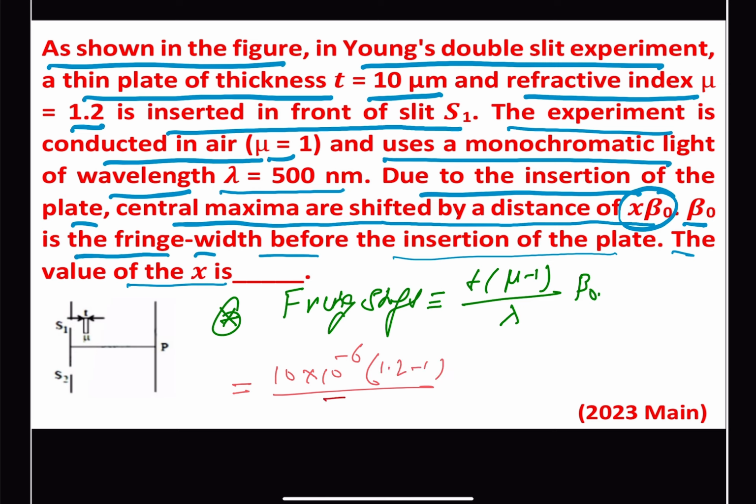Wavelength is given as 500 nanometer, 10 to the power minus 9, multiplied by b0.